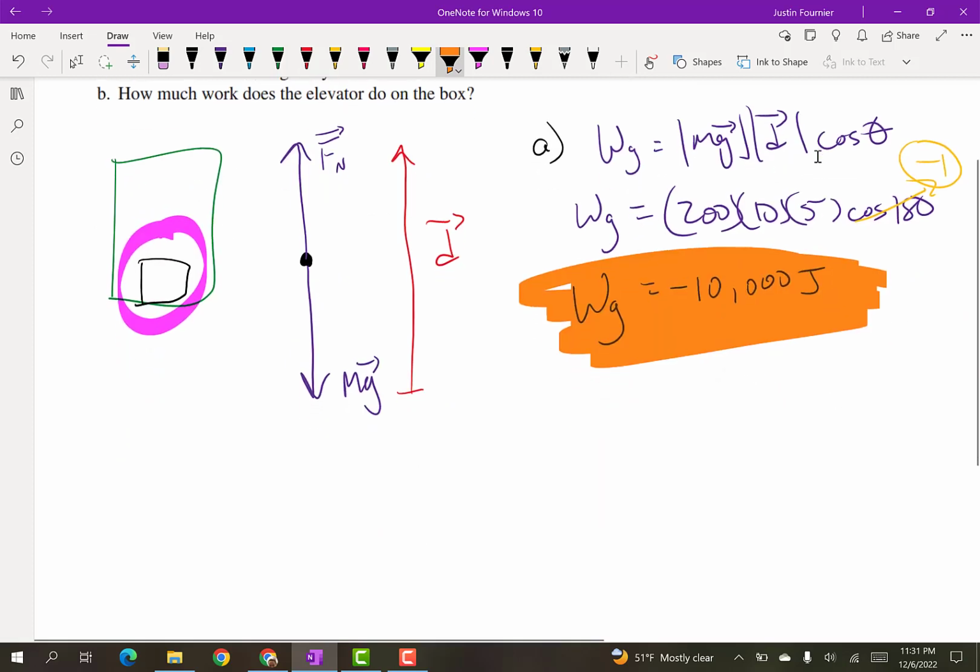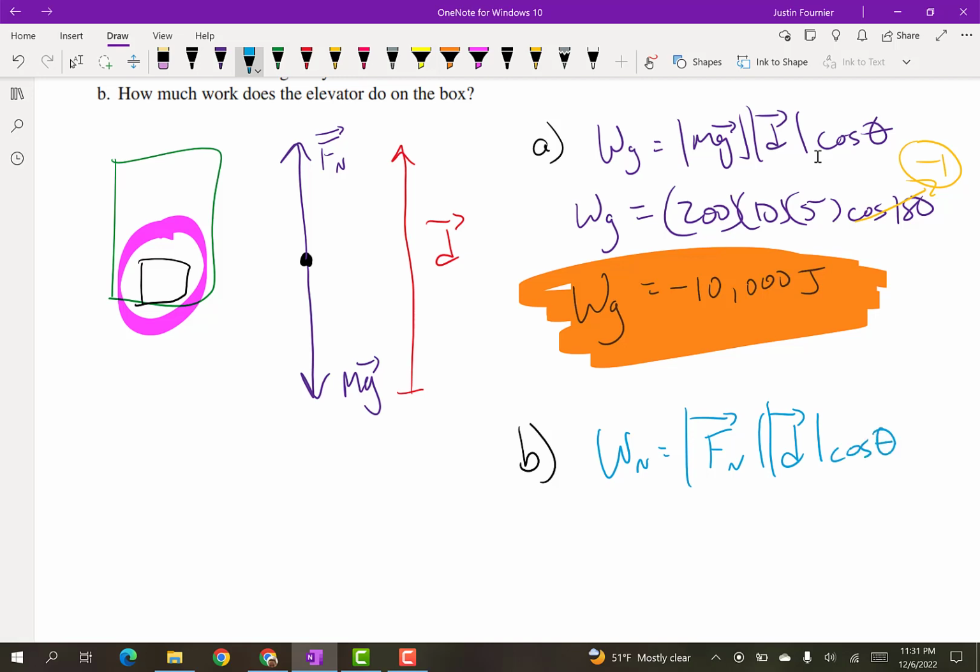Let's go for the work now done by the elevator. Using that same equation, the work done by the elevator is essentially the work done by the normal force. So that's going to be the magnitude of the normal force times the magnitude of the displacement times cosine of the angle between those two.